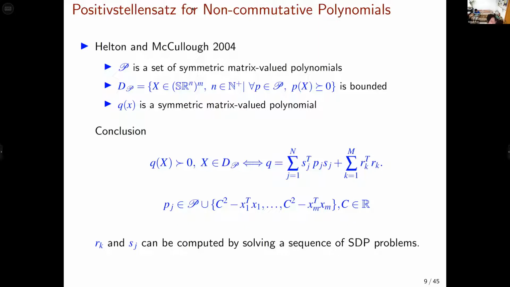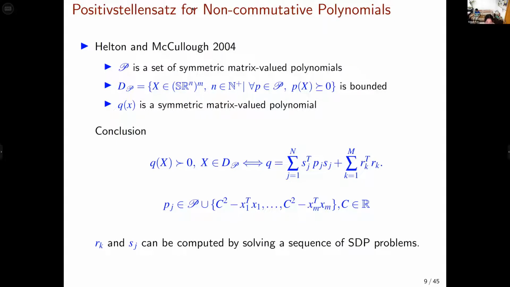And then we have another symmetric matrix-valued polynomial q. The conclusion is that q(x) is positive semi-definite for all x belonging to the set Dp if and only if q has such an SOS representation. And for this representation, the pj belong to the set P or the additional set which involves the boundedness.